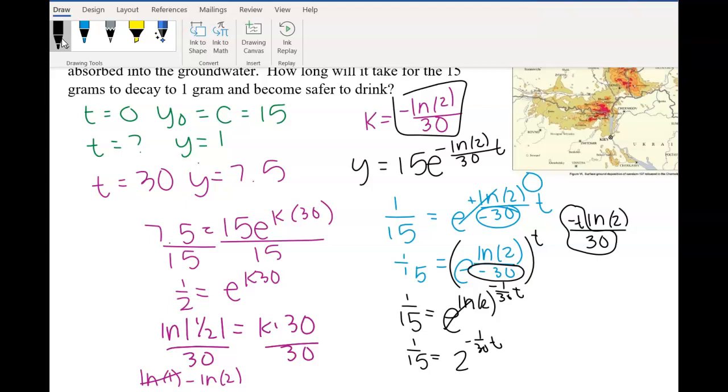And ironically enough, I have an e and an ln cancel, but in order to get that exponent down, I have to ln both sides. Anytime you ln where you have a 1 on top of a fraction, we know it's going to go away. So the natural log of 1 over 15 becomes negative the natural log of 15.